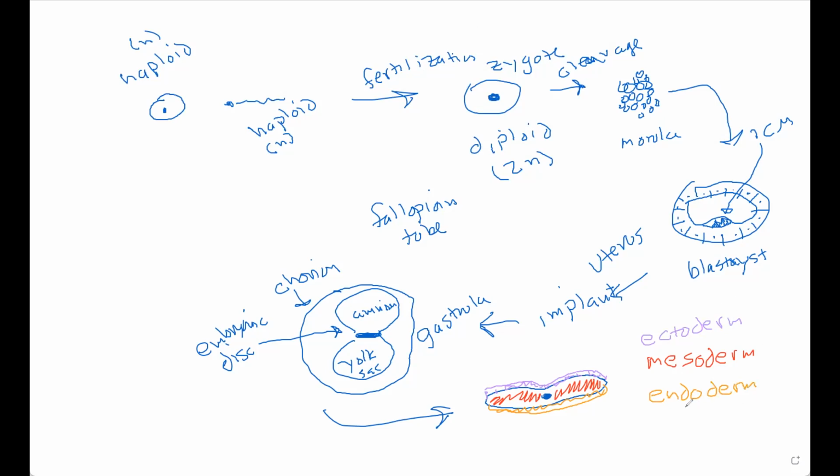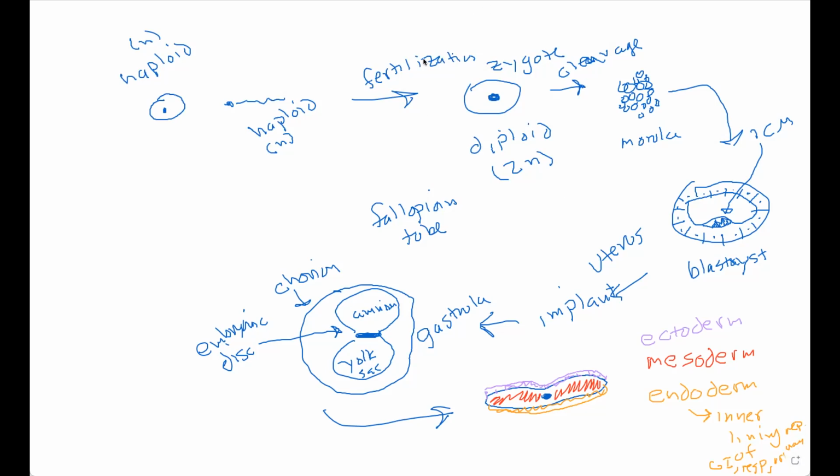become different things, right? Endoderm becomes the inner lining of GI, respiratory, urinary, and reproductive. Sorry, it's tough to read. Okay.